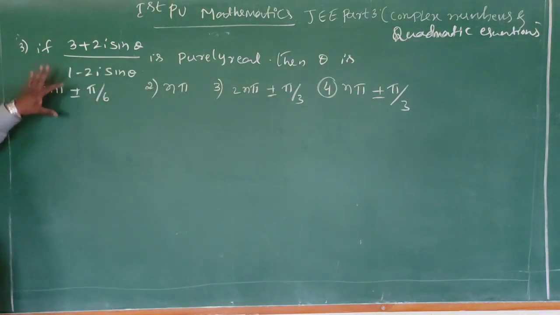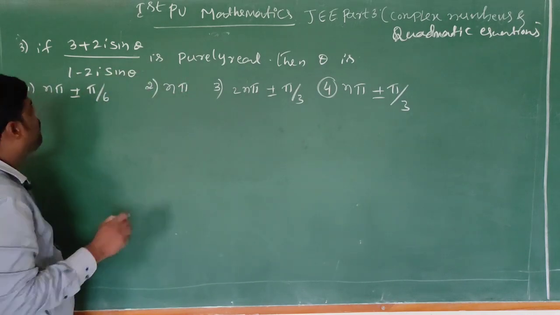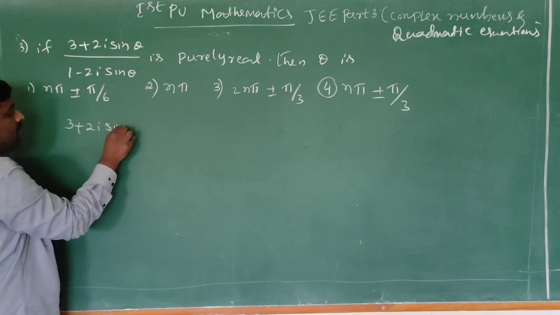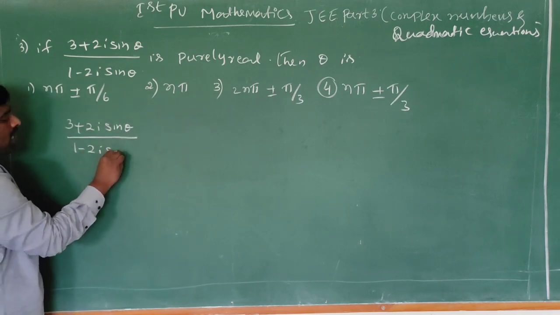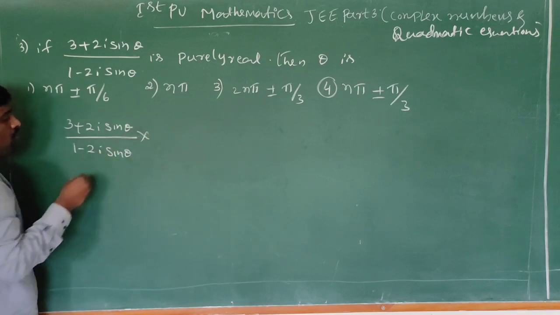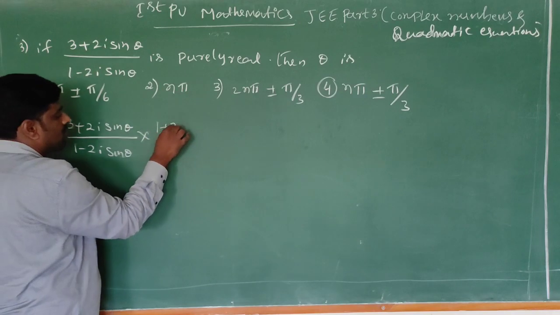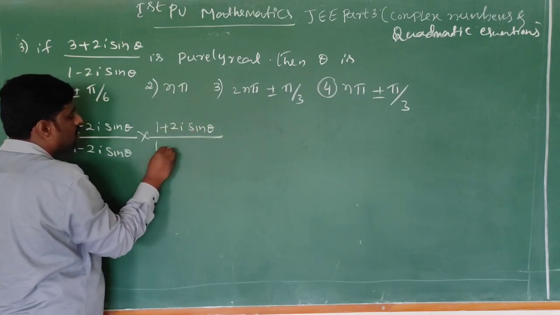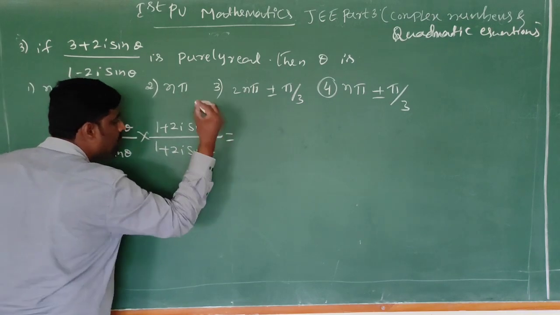Dear children, this expression should be purely real: (3 plus 2i sin theta) divided by (1 minus 2i sin theta). We have to rationalize the denominator, multiplying by (1 plus 2i sin theta) divided by (1 plus 2i sin theta).